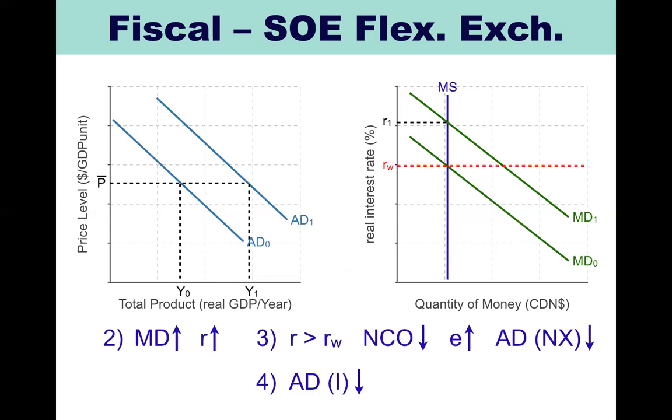We also can see that the interest rate has gone up, and since the interest rate has gone up, domestic investment is going to decrease. So notice, because of this change here, we have a decrease in net exports and a decrease in investment.